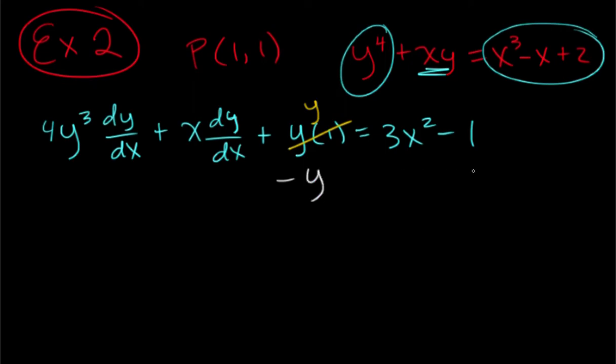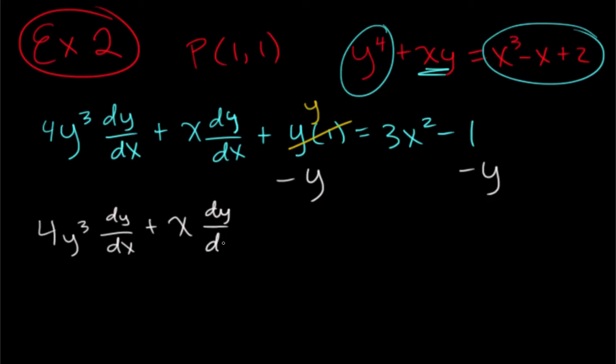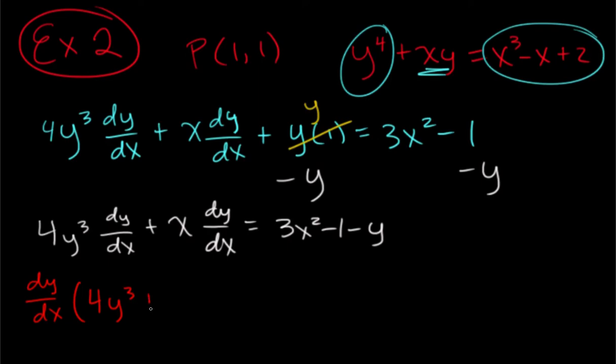So in this case, just subtracting y. Okay, then we'll factor out our dy dx. And then from there, divide out all this stuff.